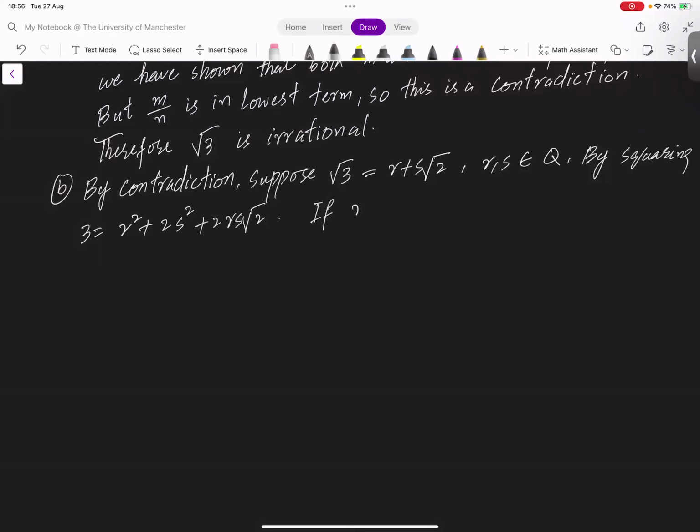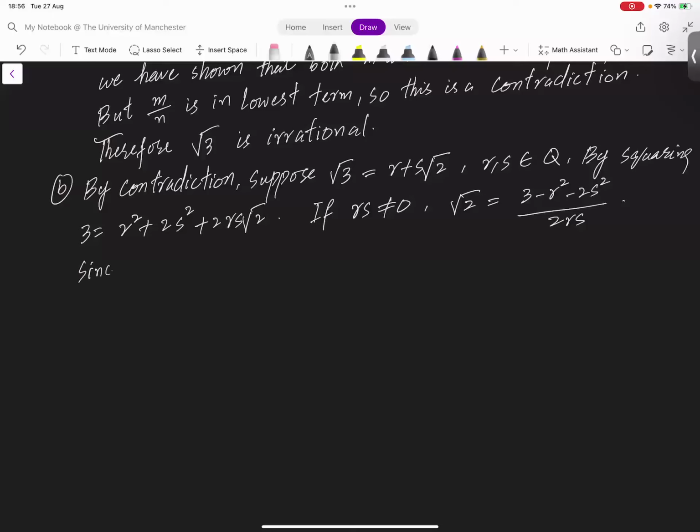Now if r into s is not 0, this gives under root 2 is equal to 3 minus r square minus 2 s square over 2 rs.